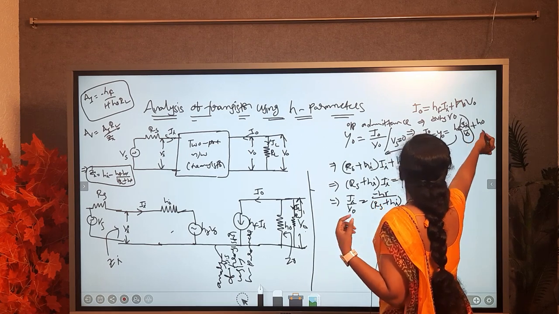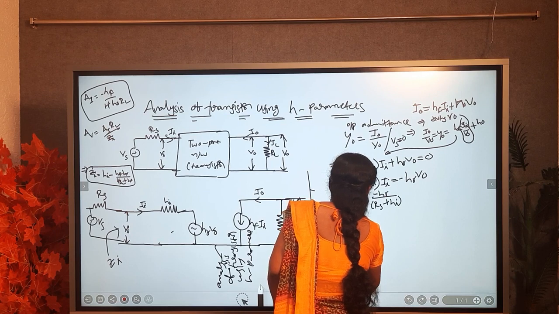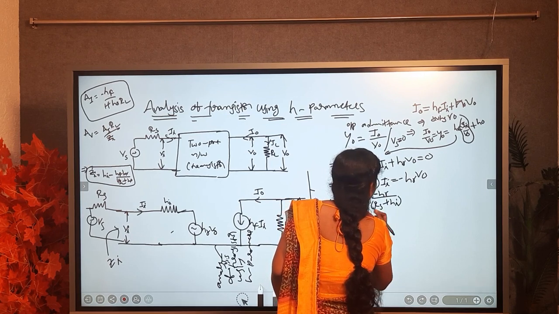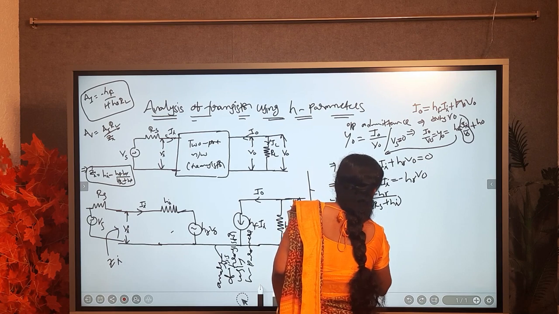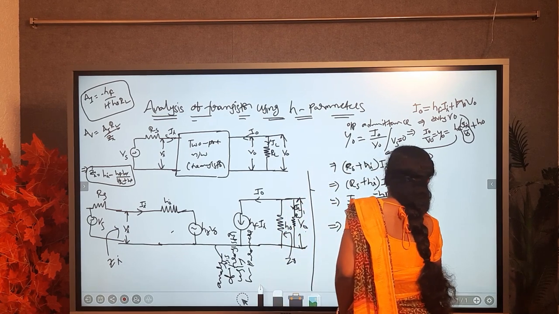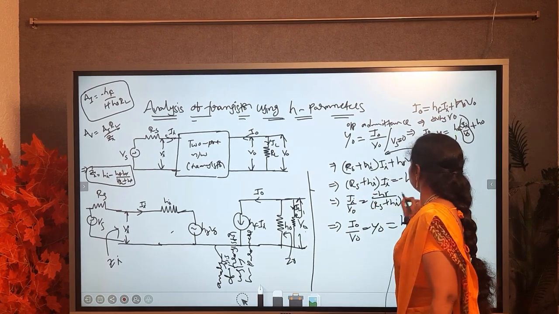Substitute in the above equation. So I naught by V naught equals Y naught equals HF into Ii by V naught.